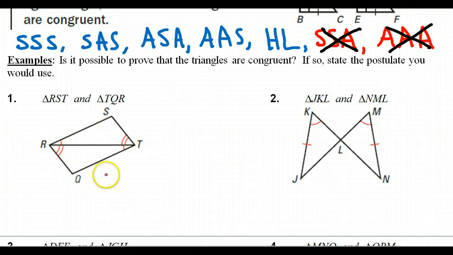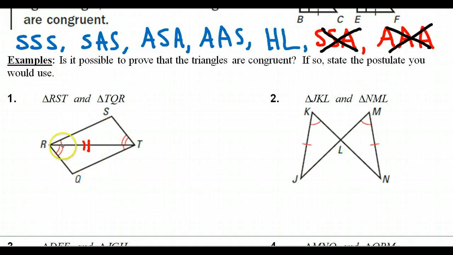What else can I mark on this picture that's automatically true, even though it's not shown? What else can I mark? Alright, I'm hoping somebody said RT. Anytime you have a shared side, go ahead and mark that, because those are automatically congruent.